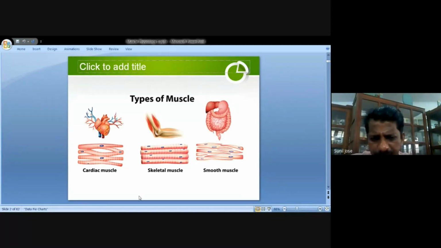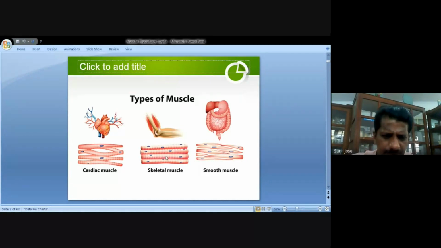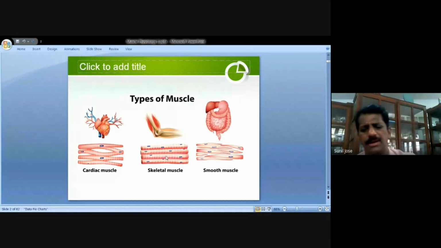So each skeletal muscle can be easily distinguished by the presence of these dark and white patches, like zebra crossing, and these patches give it the appearance of striation. Because of that, skeletal muscles are also known by the name striated muscle.